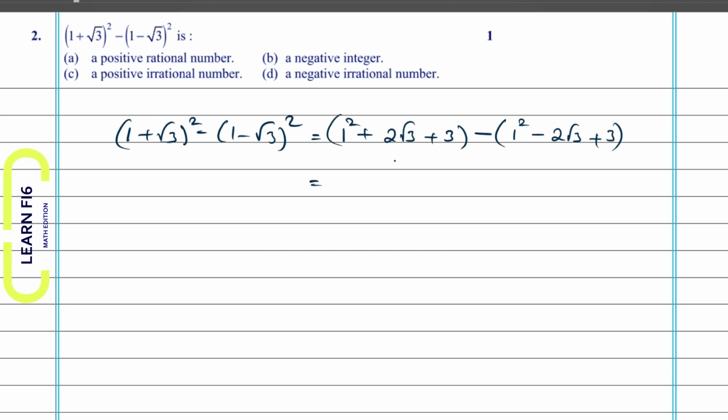Now we can further simplify this. 1 plus 2 root 3 plus 3 minus 1 plus 2 root 3 minus 3. The 1 and minus 1 get cancelled, and 3 and minus 3 also get cancelled, so we'll be left with 4 root 3. We know root 3 is an irrational number, and this entire thing is positive. The answer is a positive irrational number.